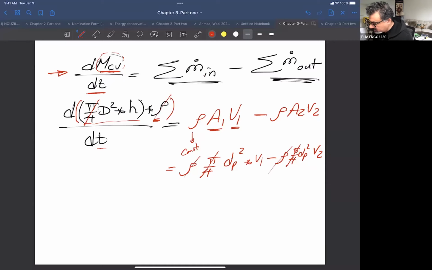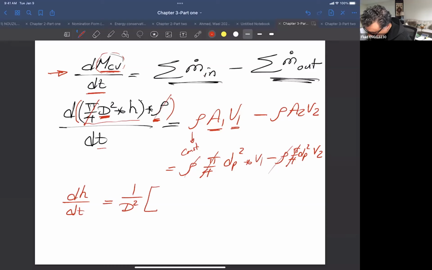So what is left here is basically d of, and the d squared of the tank is a constant value. So I can actually divide this whole equation by d squared, right? So in this case, I have dH by dt is equal to 1 over d squared of the tank, right?